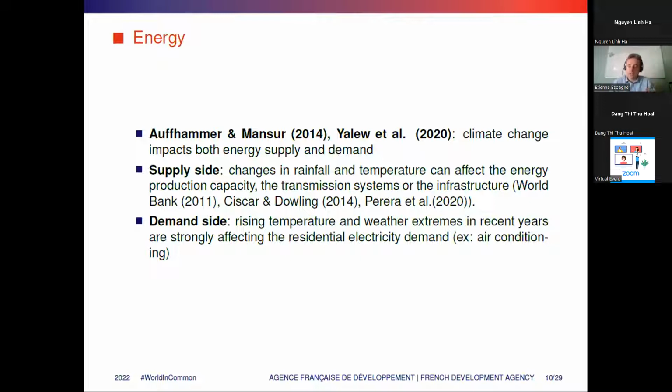And we also had an in-house study on the demand side and how rising temperature and weather extremes will affect electricity demand. We can consider that these are not direct impacts because it's a change in the behavior of households, but it's still something that has a cost and is meaningful for the economy as a whole. So we included it in this damage evaluation.